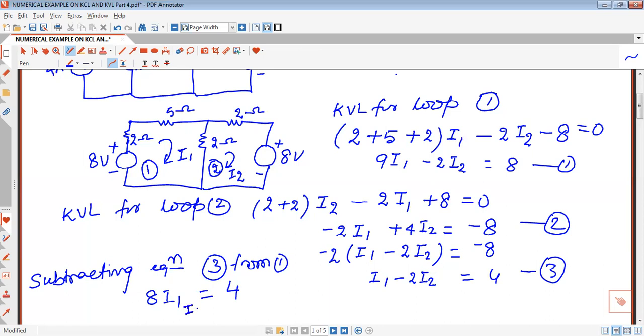So I1 will be equal to 1 by 2, meaning 0.5 ampere. Once we know I1 is 0.5 ampere, we can put its value in any equation and get the value of I2 also.